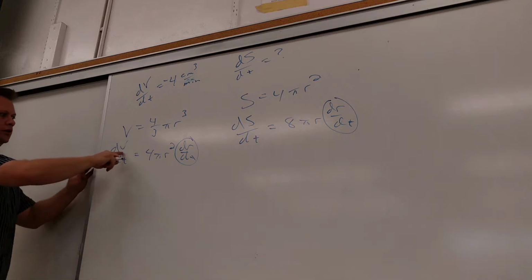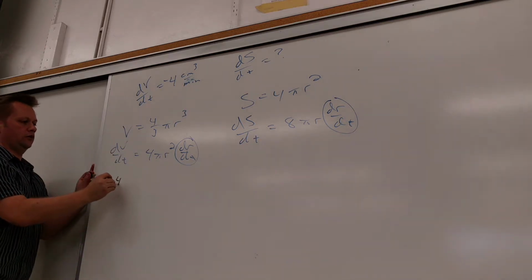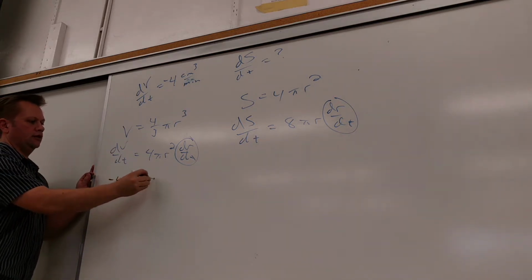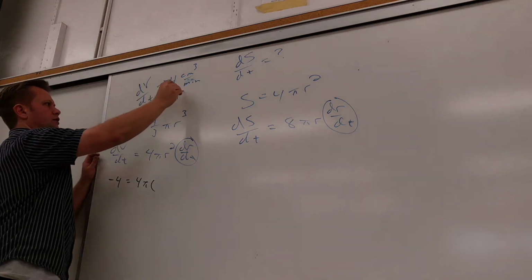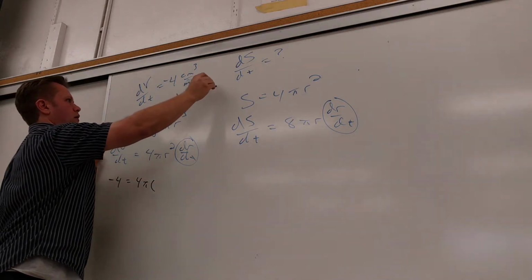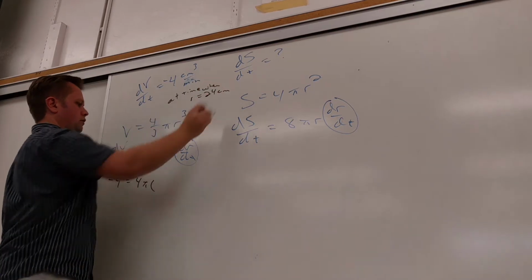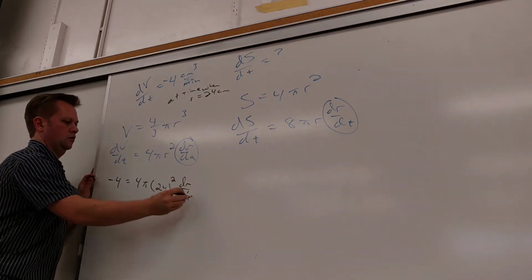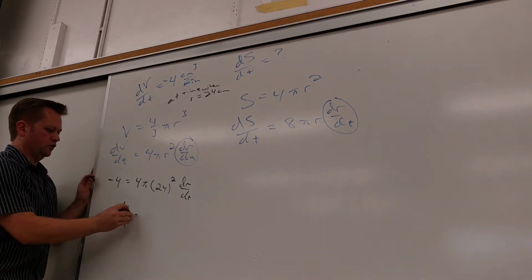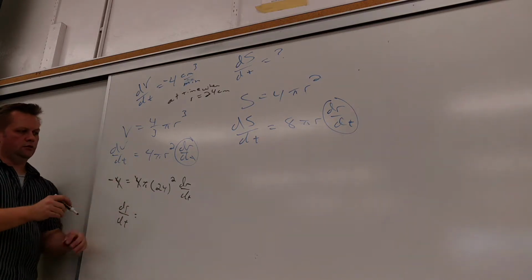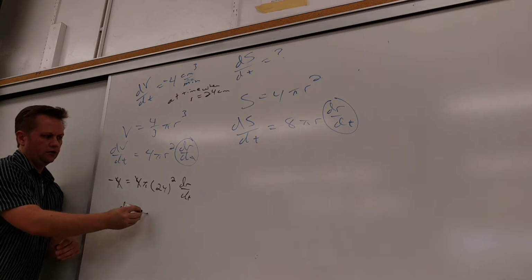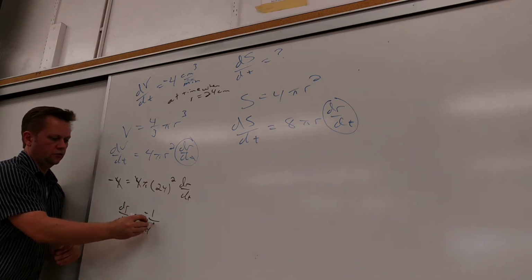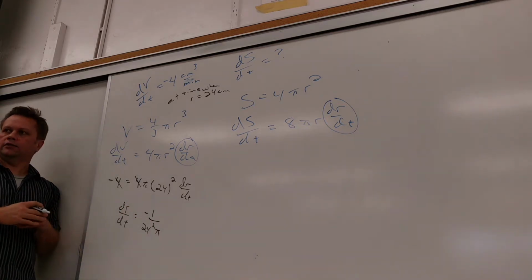So here I can plug in the -4. And at a time when the radius is 24, R is 24. So you can solve this for dr/dt. The 4's cancel, so it'll be -1 over 24 squared pi, whatever that is.